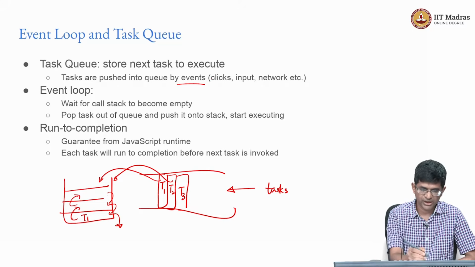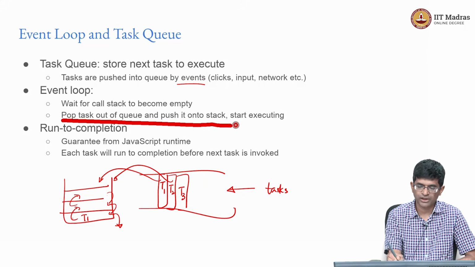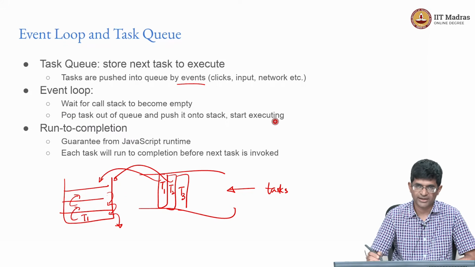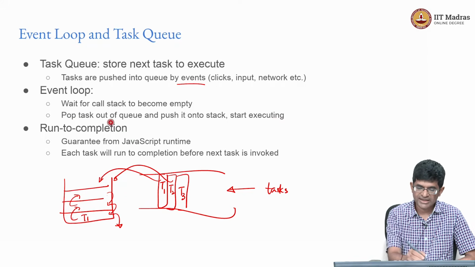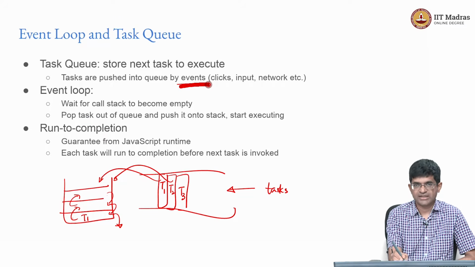Effectively what is happening over here is we have this event loop which is first of all waiting for the call stack to become empty, and then it pops a task out of the queue and pushes it onto the stack and starts executing. Where are these tasks coming into the queue? From events.